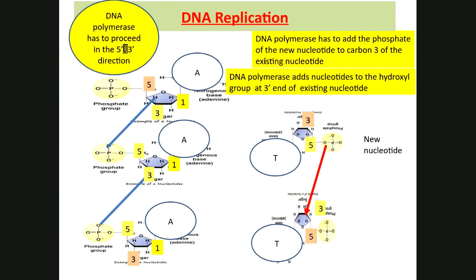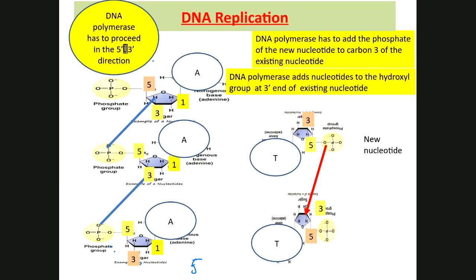Okay, so it says that DNA polymerase has to add the phosphate of the new nucleotide to carbon 3' of the existing nucleotide. DNA polymerase adds nucleotides to the hydroxyl group of the 3' end of the existing nucleotide. Okay, so what this is telling us is that if this is the strand that is being replicated, DNA polymerase will take this 3' strand. So the next one will have to be 5'.